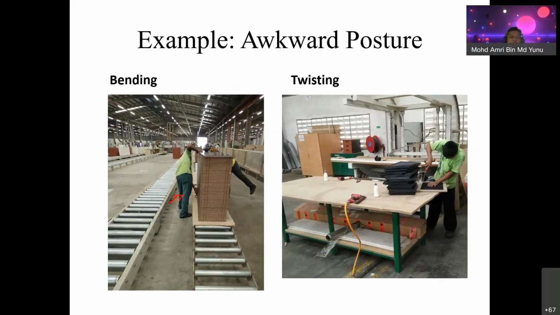Okay, these are the awkward positions. Like you are bending. See, this is a conveyor belt, so to push the stack of cabinet wall, the worker has to bend. This one is twisting, at least level with the shoulder.